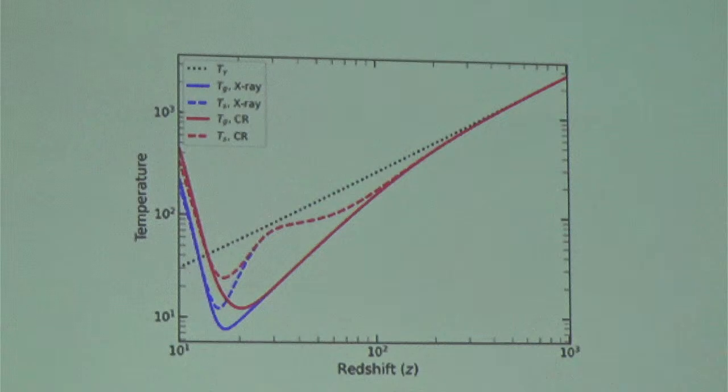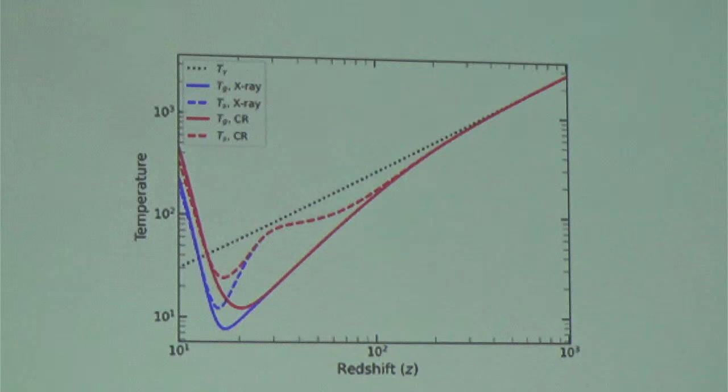When radiative coupling is important, it will make the spin temperature equal to the CMB temperature, right? That's what we discussed yesterday. So this line is catching the CMB temperature. Okay, so initially collisional coupling, then radiative coupling.